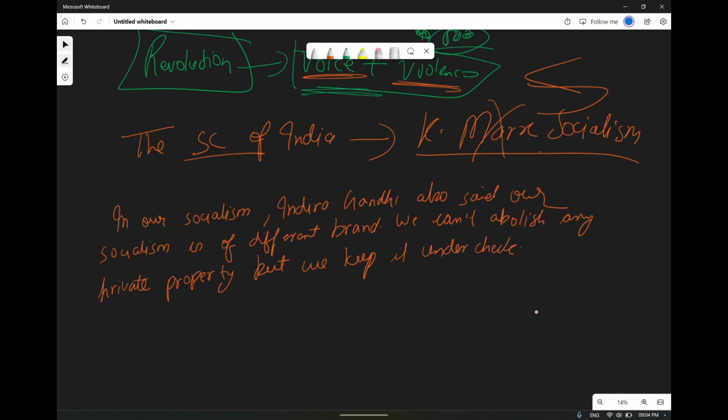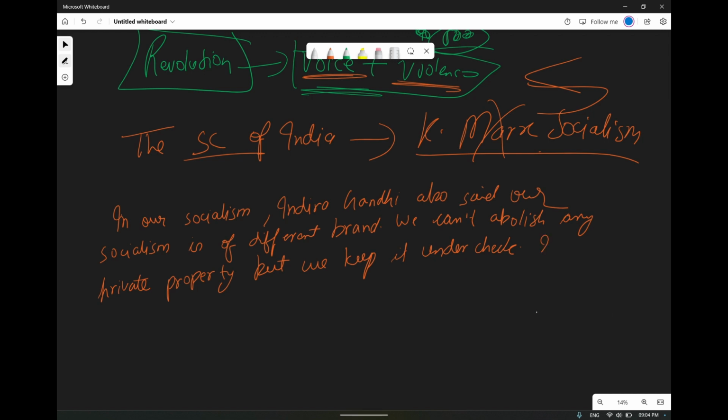We are checking them, that they are not doing any corruption. If they are earning money in the correct way, then why should we interfere with them? They are working hard, that's why they are earning more. So we are not abolishing any private property, and we will keep them under check.